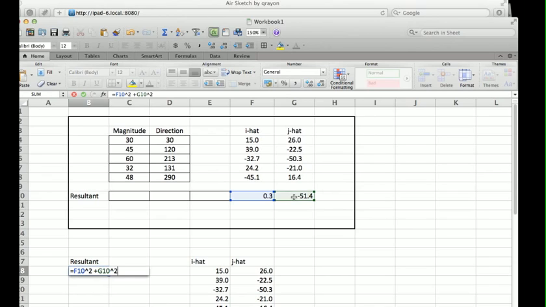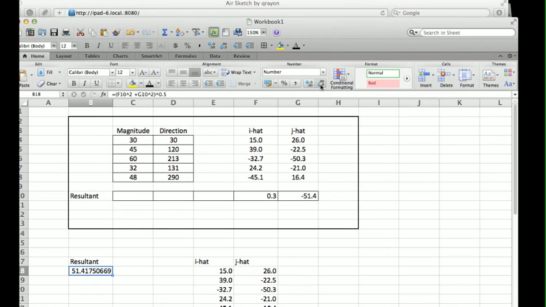And then I want to take the square root of that whole thing, right? So I'll put that whole thing in parentheses, and I will take it to the 0.5 power is one way to do it. You could do SQRT, I believe, also. So that should be our magnitude of resultant equals that.